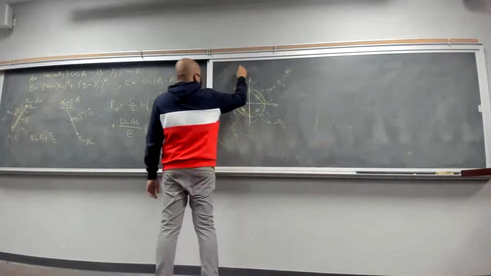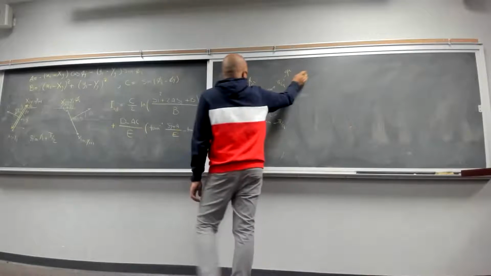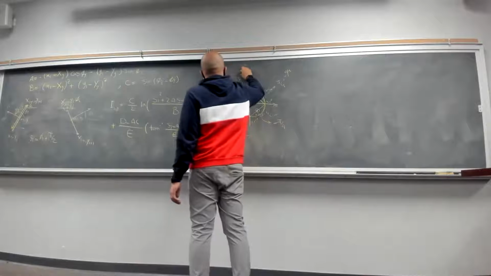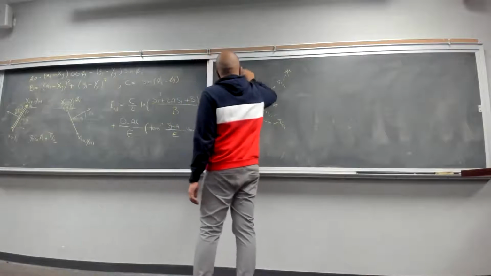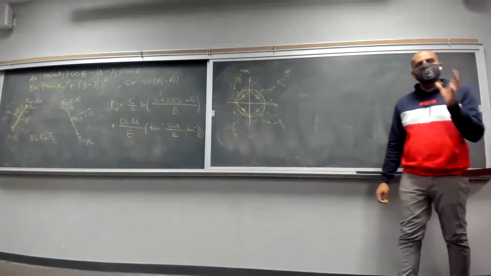For this one, is going to be 3 pi over 4 equals pi over 2 plus pi over 4, right? And so on and so forth. So you find all of these angles and all of those things.